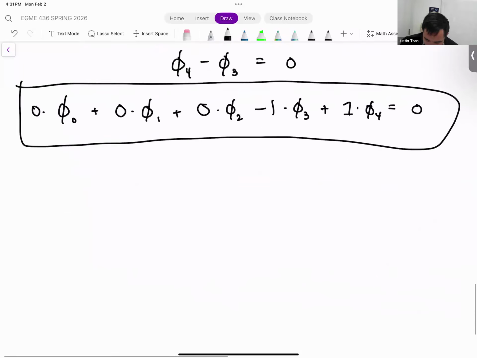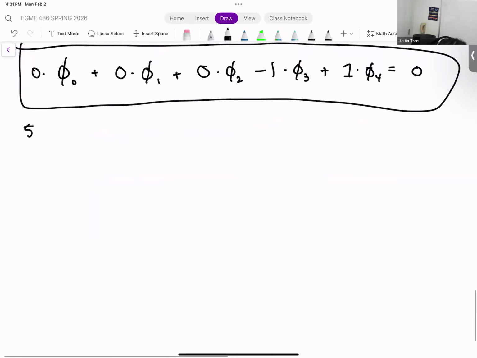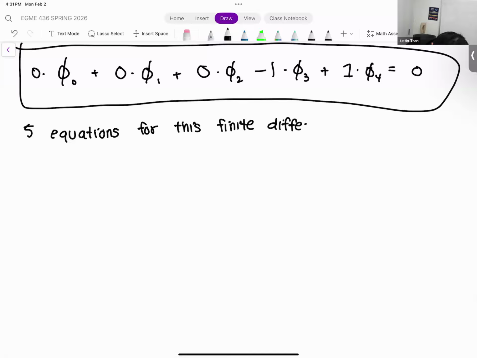Okay, all right, so let's write out our 5 equations. I'm going to organize our 5 equations based on the 5 nodes that we have, so node 0, 1, 2, 3, and 4.